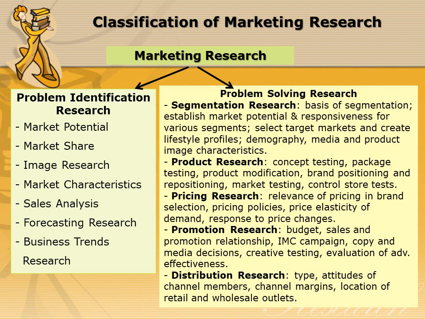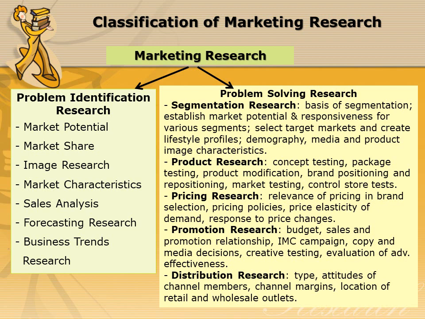So there are various aspects where you might see that the problem definition is not properly done, and there are situations where the problem definition is done. There are situations where you need to take decisions like segmentation research, product research, pricing research, promotional research, and distribution research.